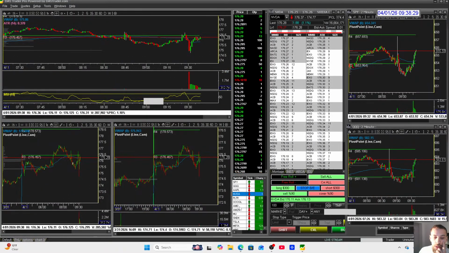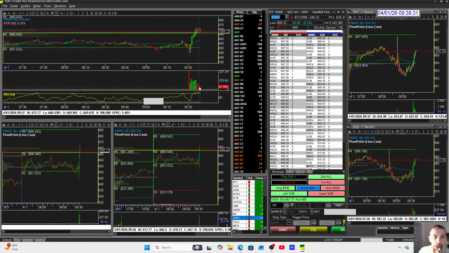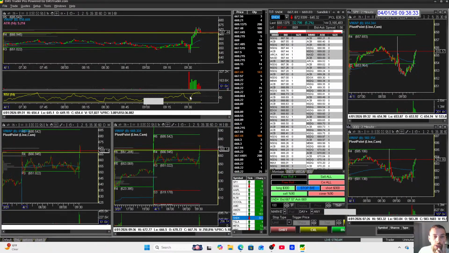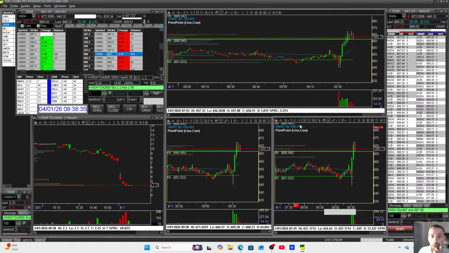Let's go to SNDK. So it's considered overbought conditions as of right now.